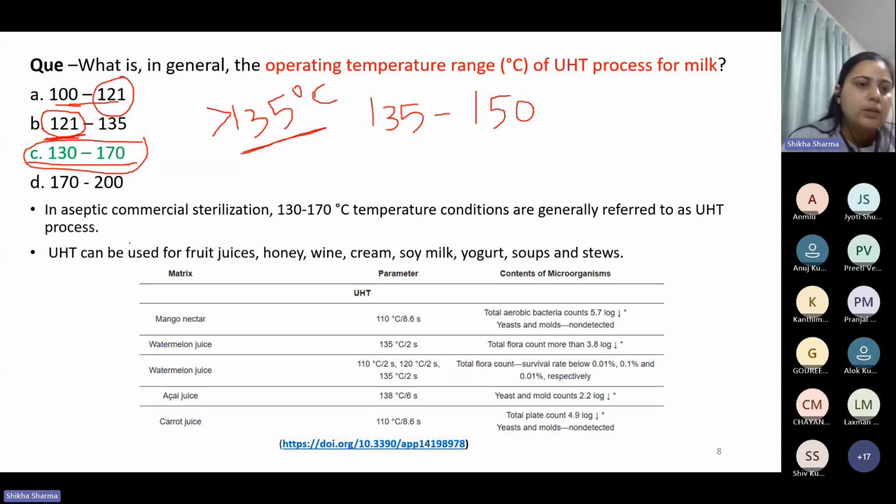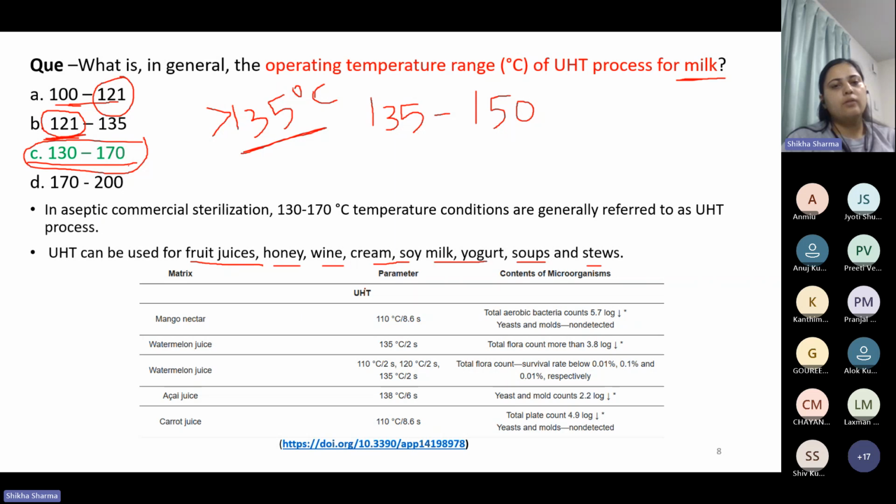So this UHT processing is also used not just for milk, but for beverages like fruit juices, honey, wine, cream, soya milk, yogurt, soups, stews. So it can be used for various other applications, but mostly we process milk using UHT. As we know in UHT processed milk, there is the development of a burnt flavor.